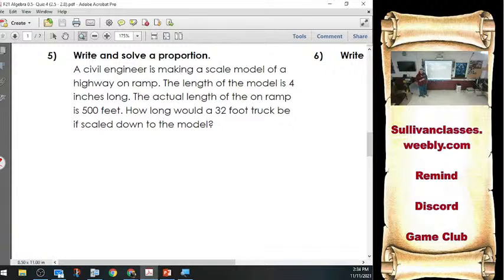So what's something we know? I know 500 feet. 500 feet is what? The length of the actual ramp. Okay, the real ramp. So I can now compare that to the model ramp or to the real truck. Real ramp to real truck?